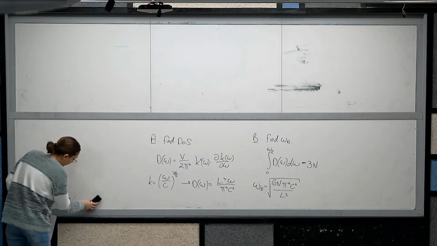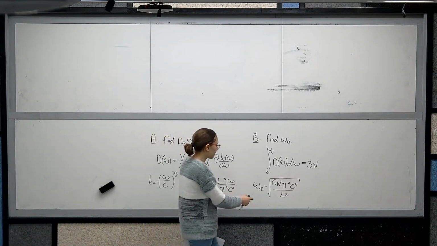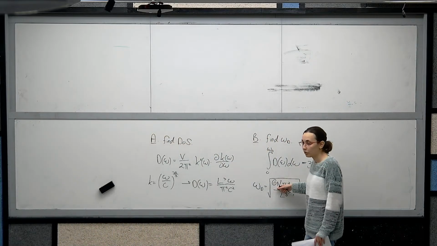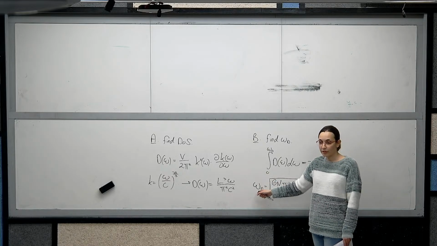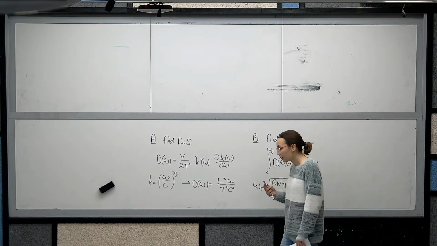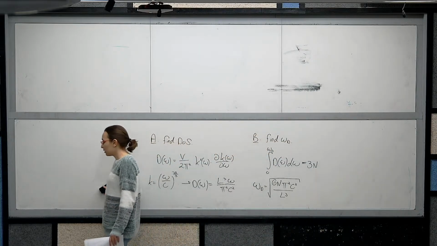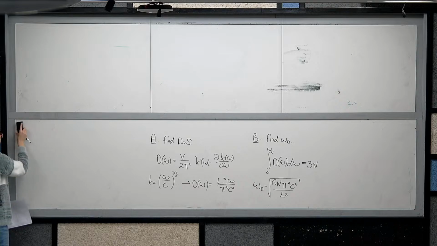We can see from this answer that as we increase the number of atoms in the lattice, the maximal frequency will increase, because we will be able to make more waves in the lattice, because the atoms will be closer.